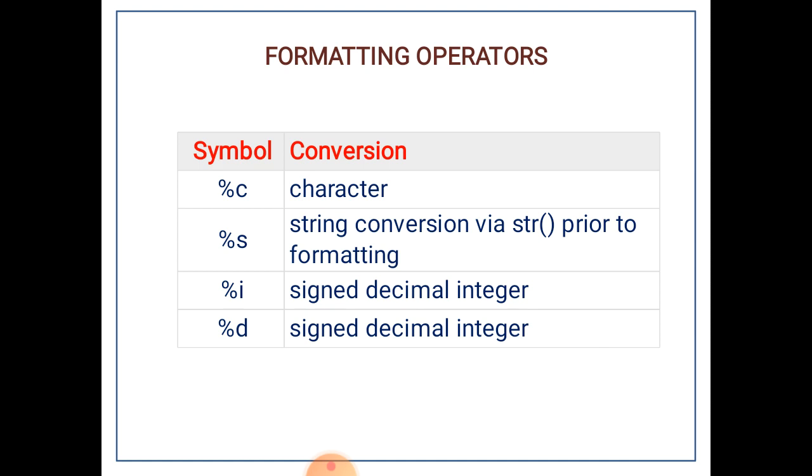Don't get confused that here it has been given as decimal integer. Decimal integer doesn't mean that the number has a decimal point there. It means a number in the decimal system.